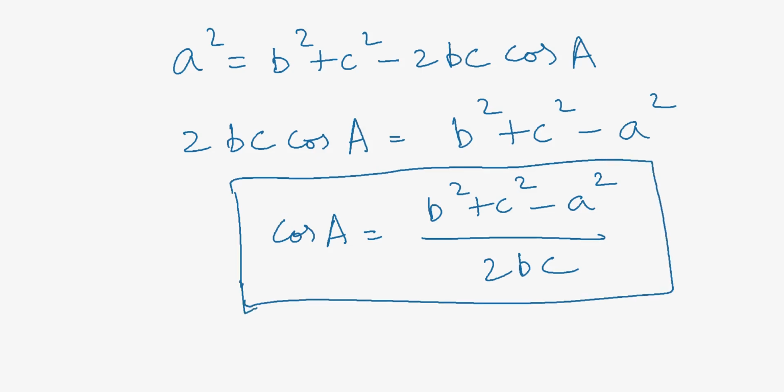So for a non-right angle triangle, the cos of an angle can be calculated by the ratio of, in the numerator, the other two sides, whatever the angle.